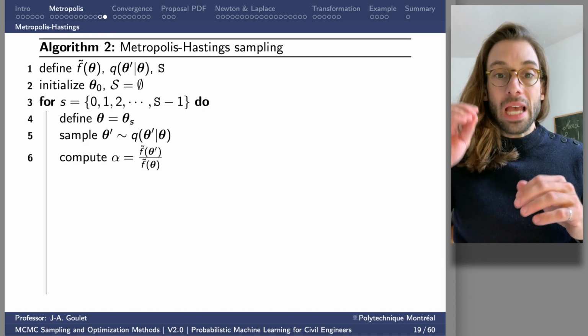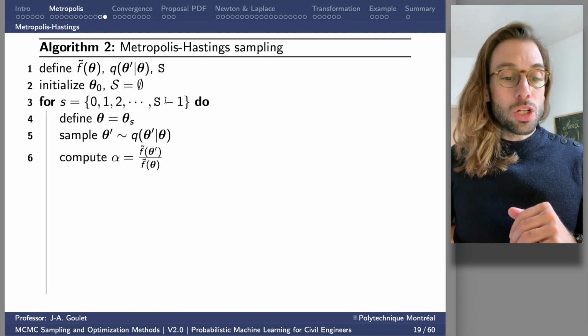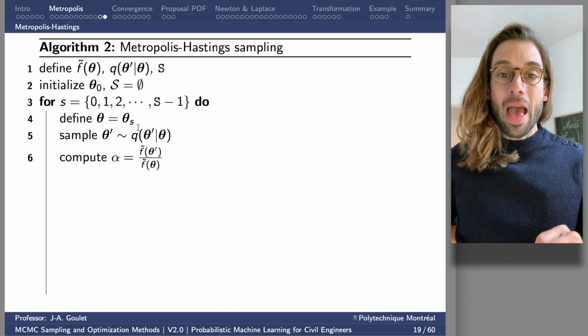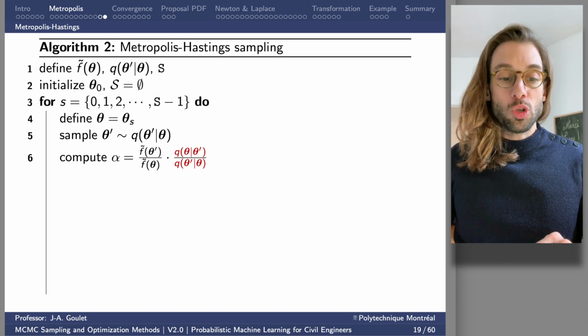So for the Metropolis-Hastings algorithm, the initialization of the algorithm is exactly the same as what we had for the Metropolis algorithm.